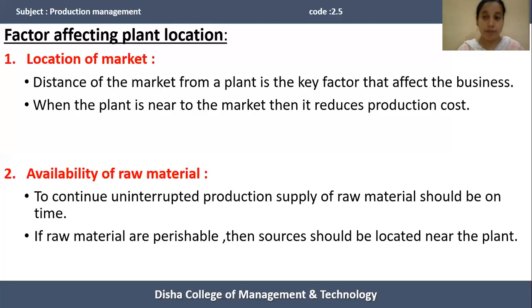Take an example of the cement manufacturing industry. Major cement manufacturers are ACC Cement and Ultratech Cement. The Ultratech Cement plant is situated in Karnataka state, because in Karnataka, whatever raw materials are required for manufacturing cement are available.